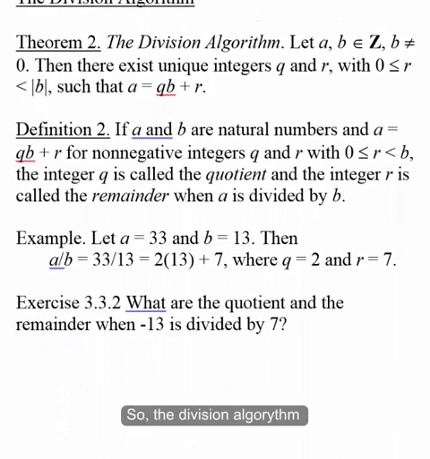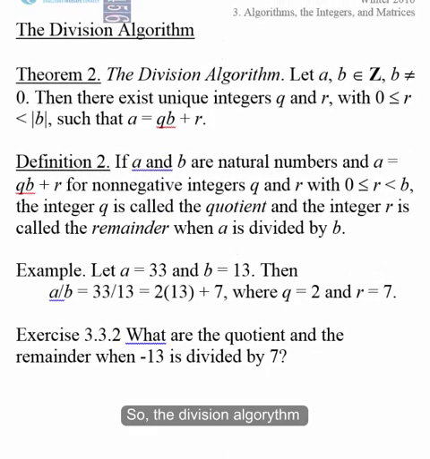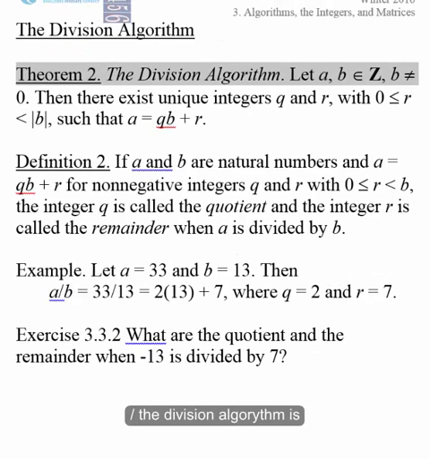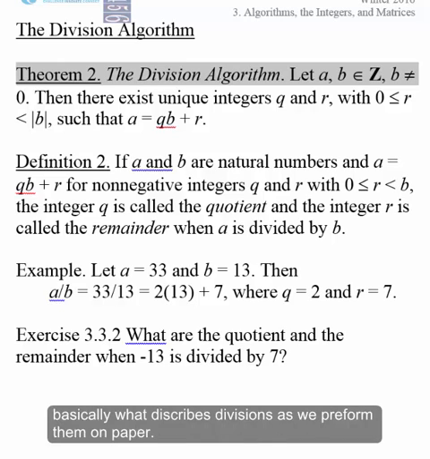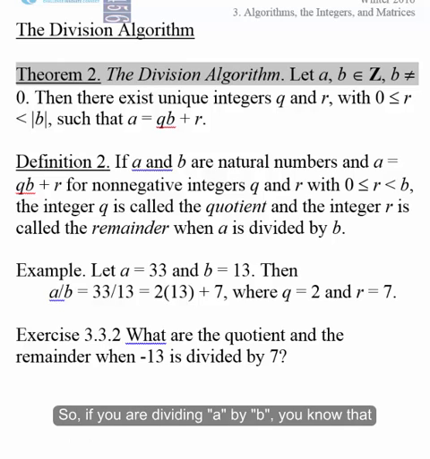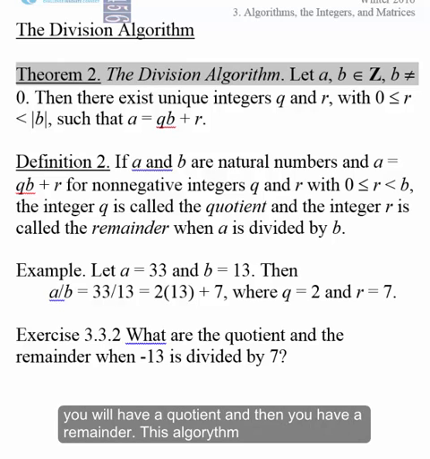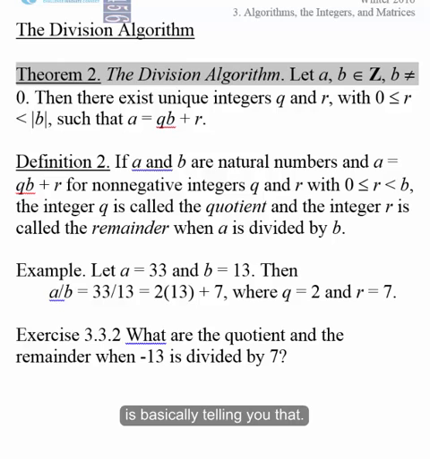So, the division algorithm. The division algorithm is basically what describes divisions as we perform them on paper. So if you are dividing a by b, you know that you will have a quotient and a remainder. This algorithm is basically telling you that.